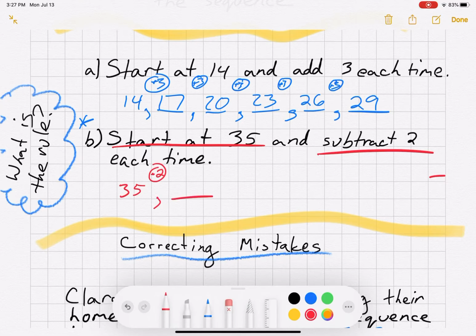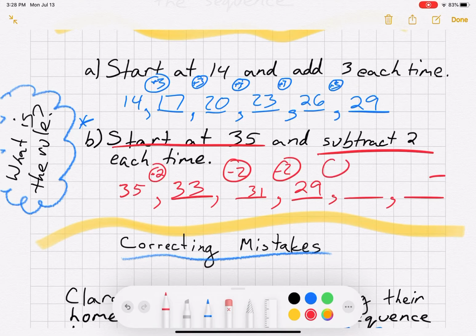So I've subtracted 2, which is going to be 33. Subtracting 2, which is going to be 31. Then I'm going to subtract 2 more, which is 29. Subtract 2 more, which is 27, and subtract 2 more, which is 25.